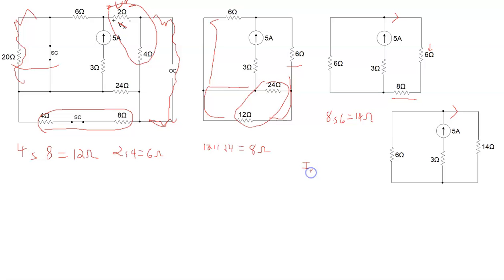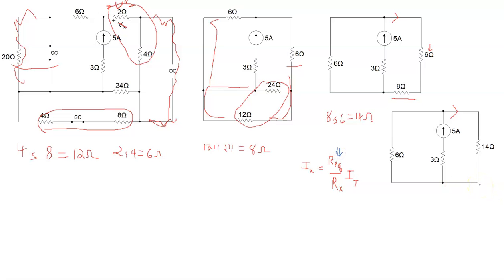Okay, using current division, Ix is equal to Req over Rx times It. And when you're doing this, you got to be very careful about the Req, because it's not usually the total resistance of the circuit.